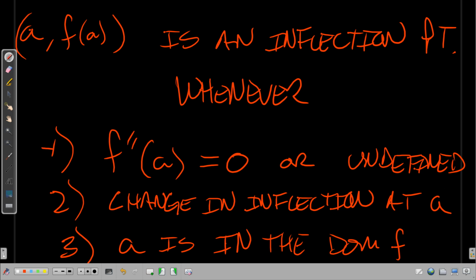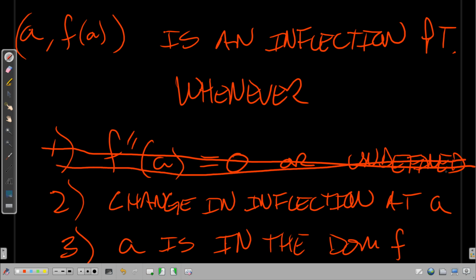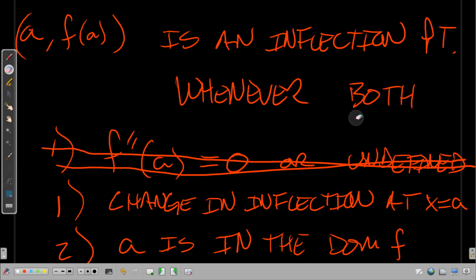You could, I guess, eliminate this one from the definition and just say that it changes inflection at some x value a, and that a is in the domain of f, and whenever both of those things happen, you get an inflection point.